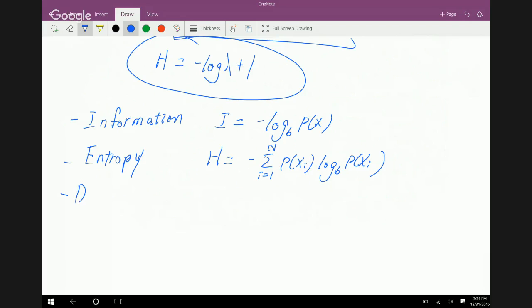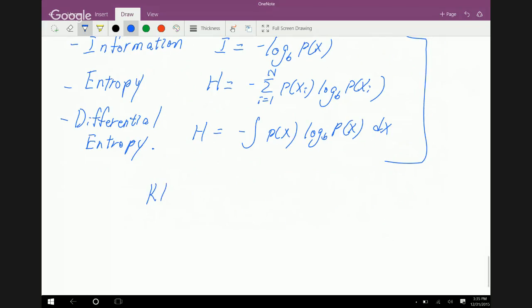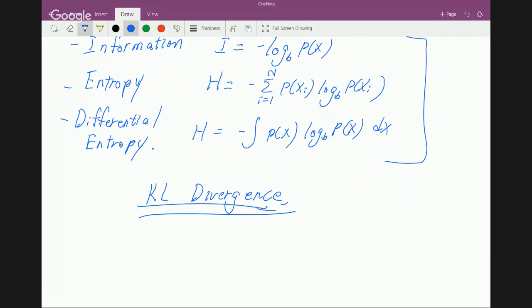And lastly, I showed you what differential entropy is. Well, it's just changing it into an integral. Okay, and that's it. In the next lecture, we're going to go over KL divergence, and that will really help you onto the next step. All right, thank you.